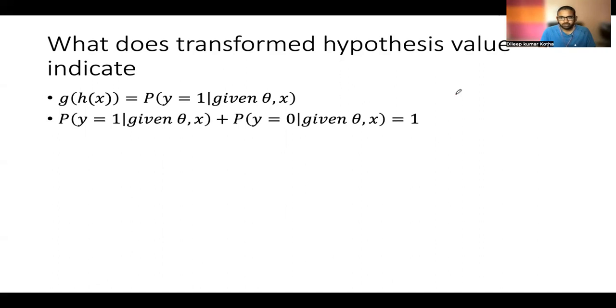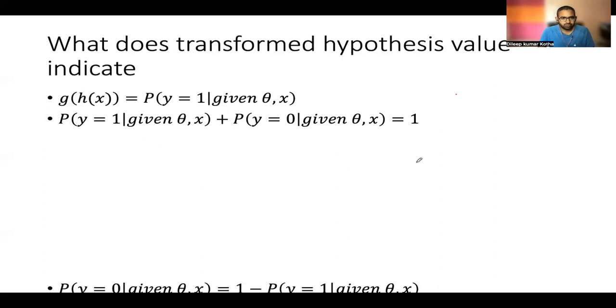Now, if you know about probability, if a given function results in either the 0th class or class 1, either of the two classes, then adding the probability for the two classes will give you 1.